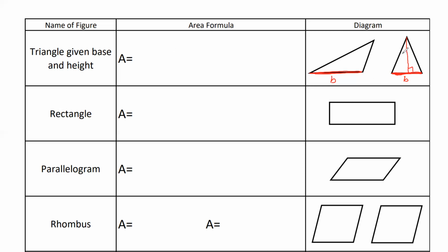The length of that segment is what we refer to as the height. Same thing in this triangle. In order to draw the altitude in this one, I had to extend the base and then draw the height down to that. Again, it is a perpendicular distance from the base to the opposite vertex. Anytime you think about height and base, the base and height should always be perpendicular to each other.